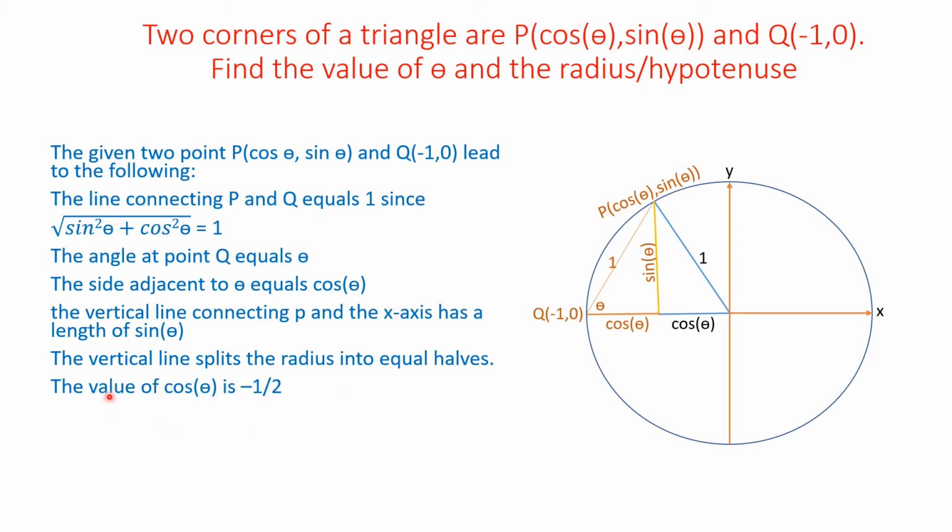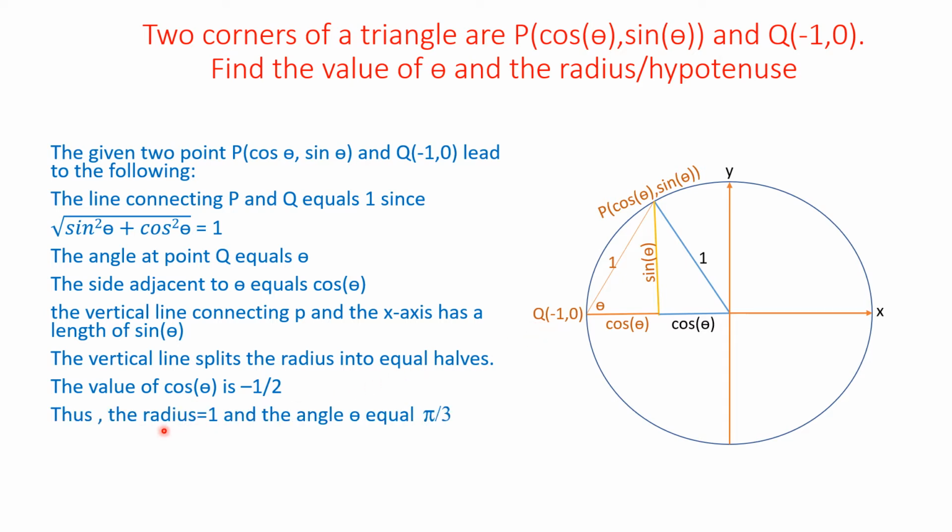The value of cosine theta is equal to -half. And sure enough, the value is -half from this point to this point, and this must also be equal to -half because this point is -1 for the x value.